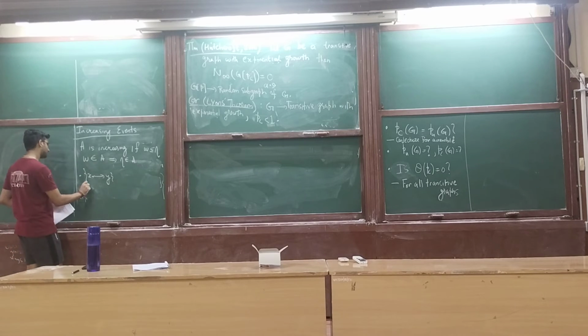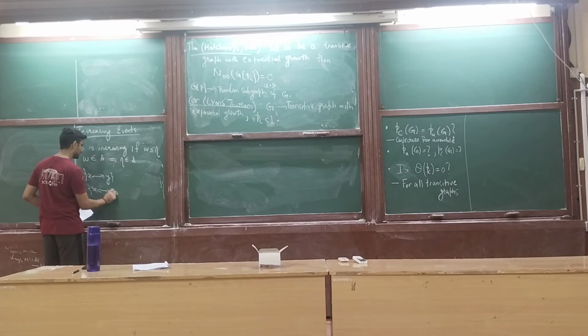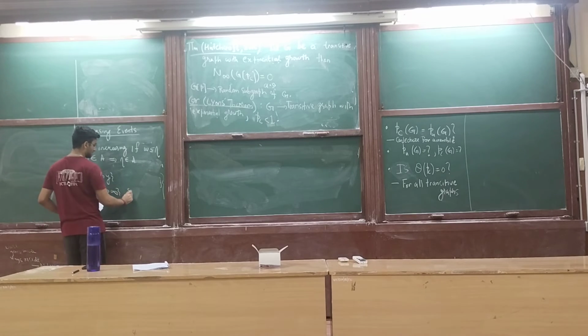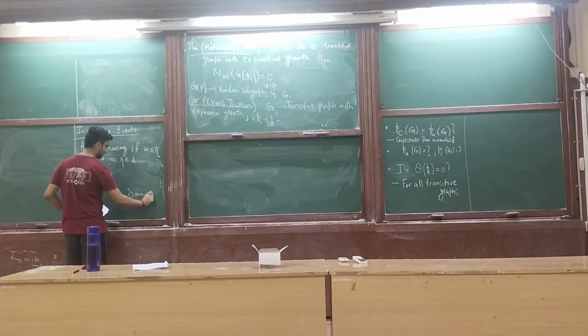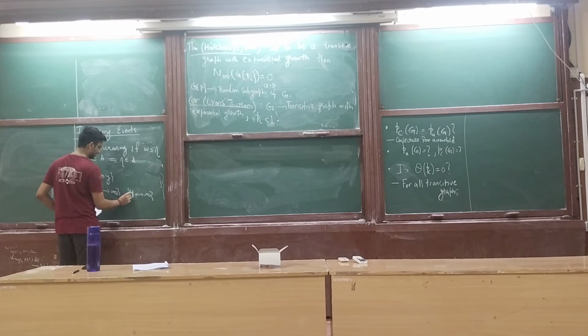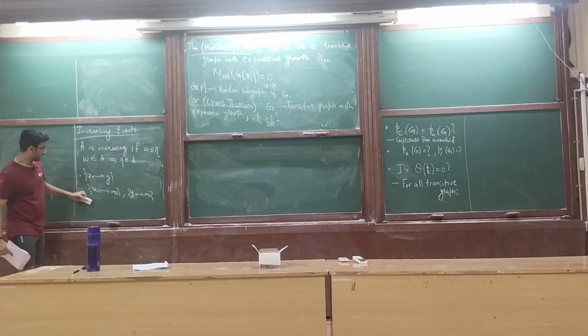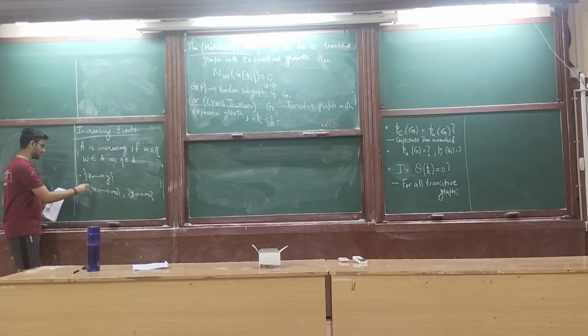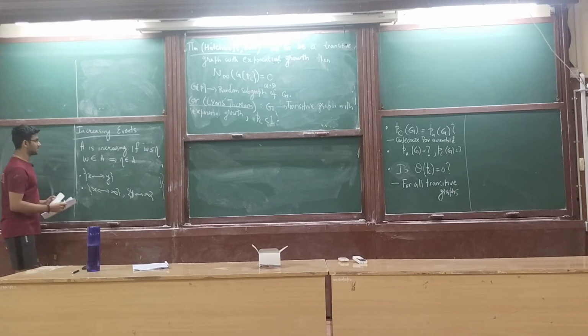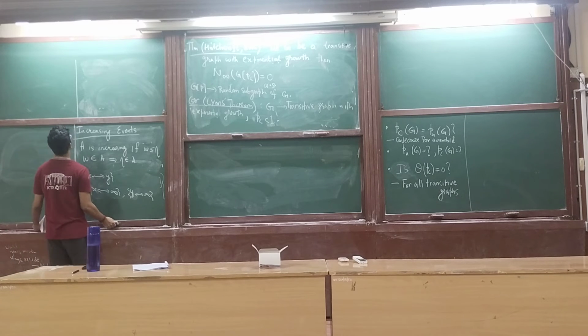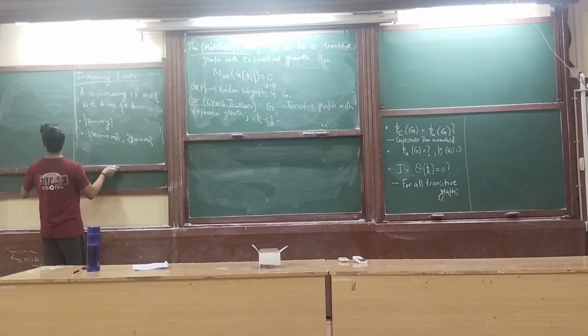Something like x connected to infinity, even these two are increasing events. So it's very obvious to see these are increasing events. So then there is this very important inequality called Harris's FKG inequality.